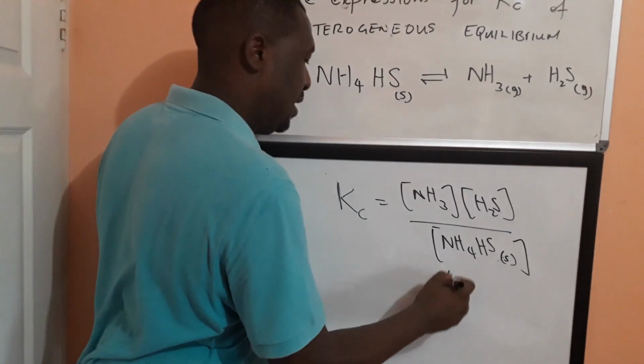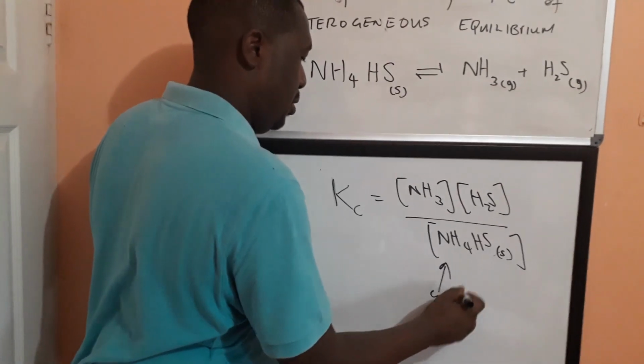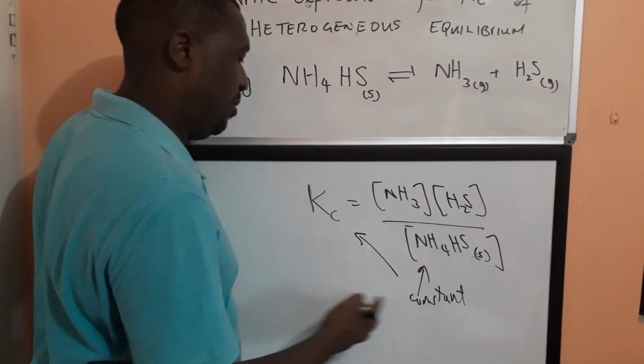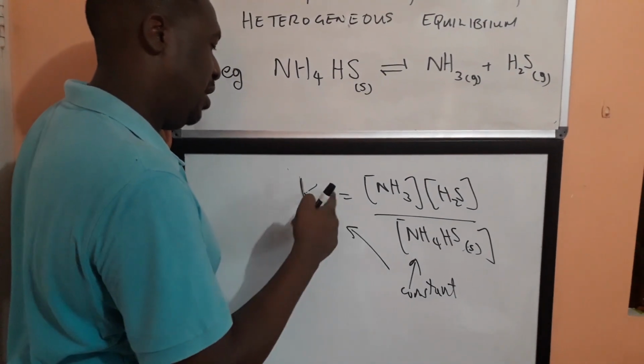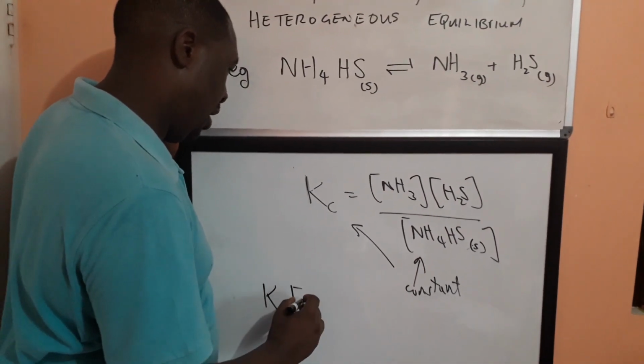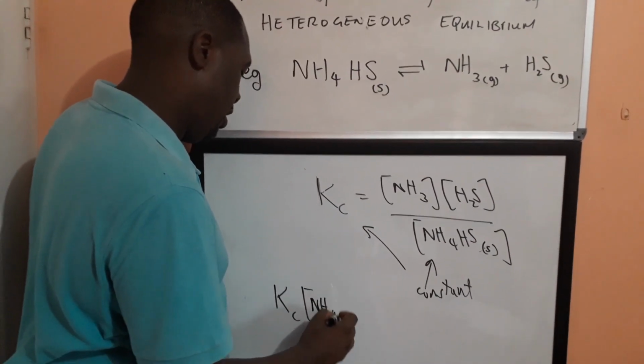Because this is a constant, we can incorporate it with that constant by just multiplying these two and make it one big constant over here.